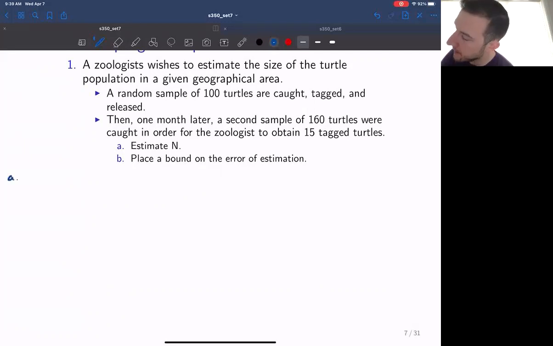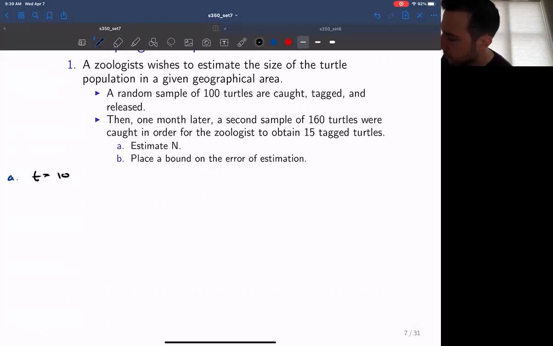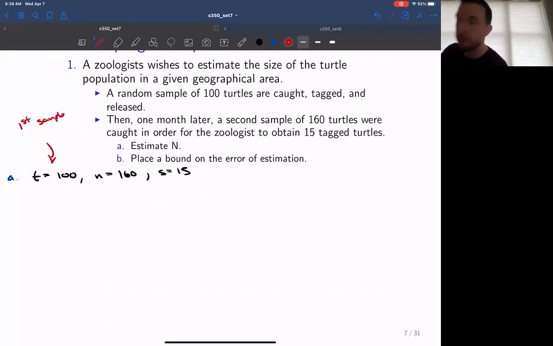So again, here we have T is equal to 100, and now we have little n is equal to 160, and we have S is equal to 15. So just like before, this is going to be the first sample.